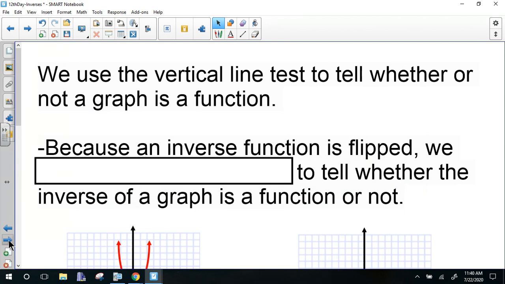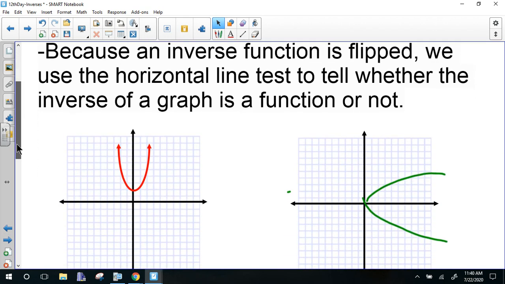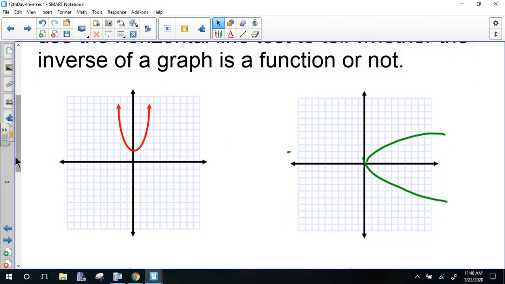We can also use the vertical line test to tell whether or not a graph is a function. And because an inverse function is flipped, we use the horizontal line test to tell whether the inverse is a function or not. So in this one, we all know x squared should be a function.